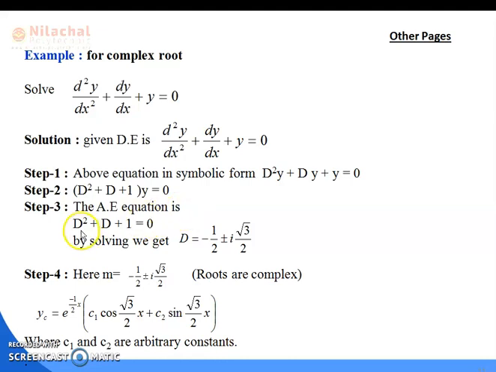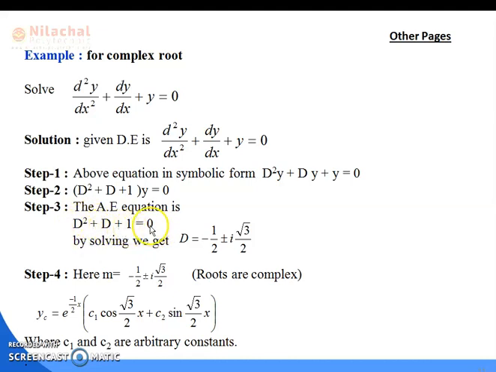Clear? Now by solving, this is a quadratic equation, so you have to use the Sridhar-Acharya formula. Here A is 1, B is 1, C is 1. Suppose this is a quadratic equation x square plus x plus 1 equal to 0.